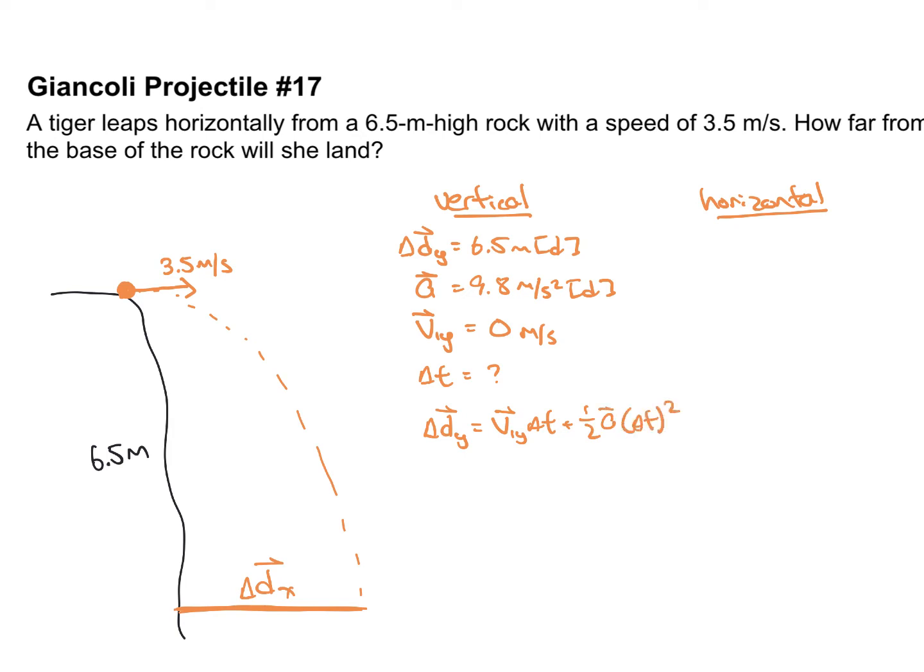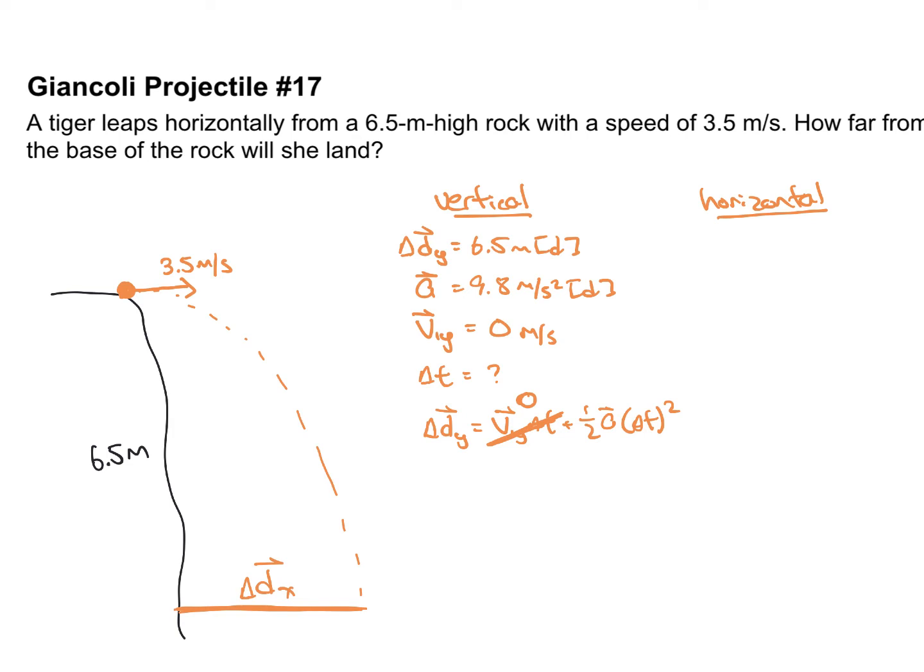That's the formula there. The initial velocity is 0, so I can cross out that term, and you have to cross out the whole term. There will not be a delta t there with it because it's being multiplied by 0. 0 times anything is 0, so the whole term goes to 0.